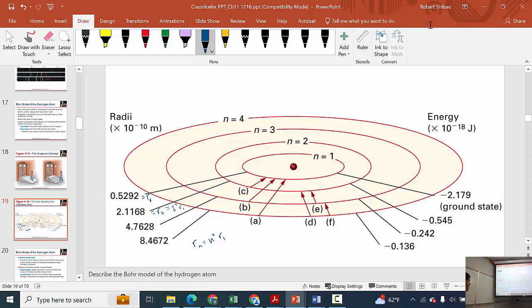So if you take 0.5292 times 4, we get 2.1168. This one here is R3, which is equal to 3 squared R1, which is 9 times R1. So if we take R1 and multiply by 9, we get this number. And this one's R4, which is going to equal 4 squared R1. So we see this mathematical pattern that comes up with these numbers here.